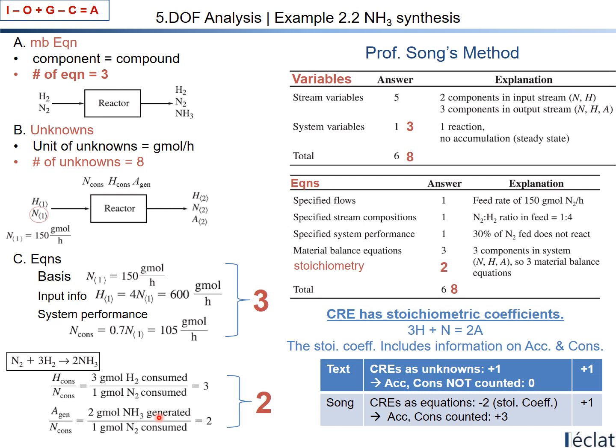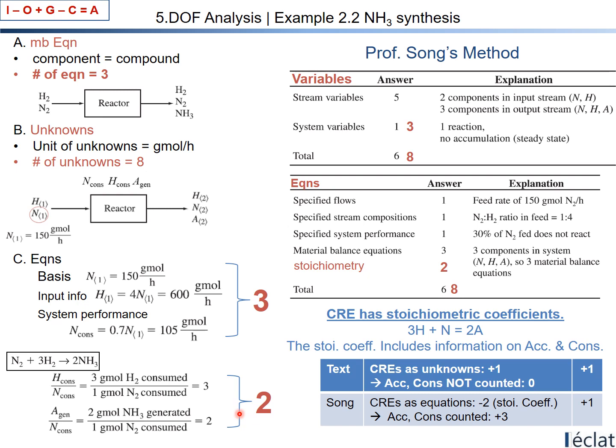Of course, you could use the other number, like 1 nitrogen per 2 ammonia. But this relation could be obtained from those two equations. So you have two independent equations available from the chemical reaction equation.